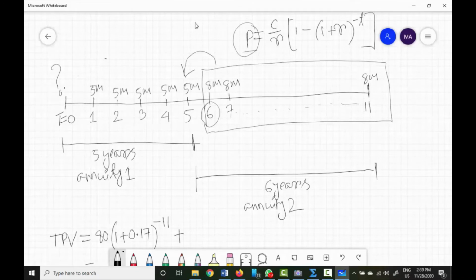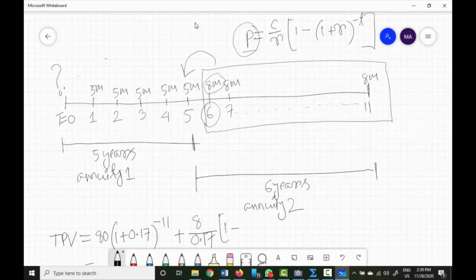First, let us calculate this one. So the formula is what? C divided by R. Here for annuity 2, C is 8 million, because we are getting 8 million cash flows at the end of each period. R is the required return, which is 0.17.